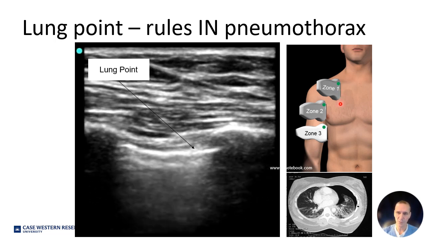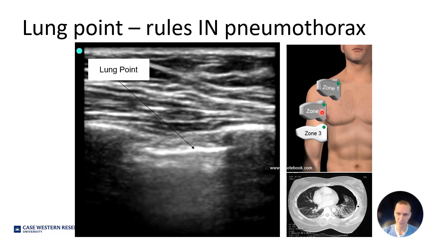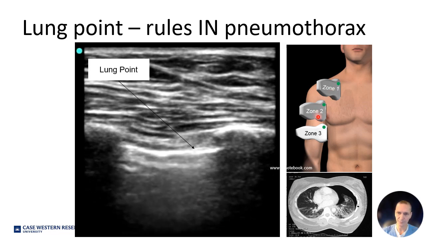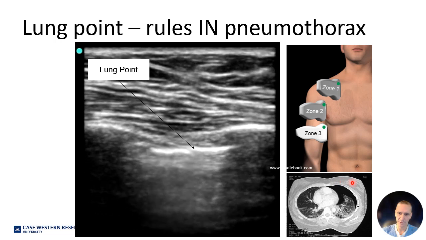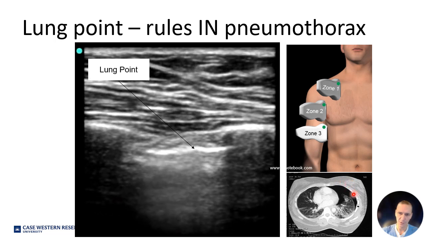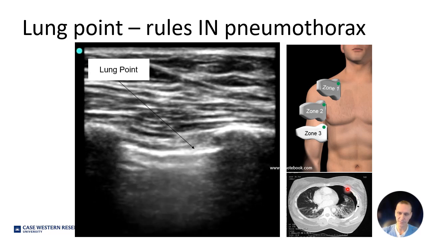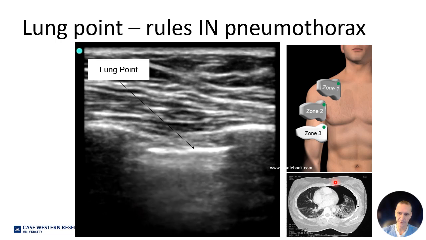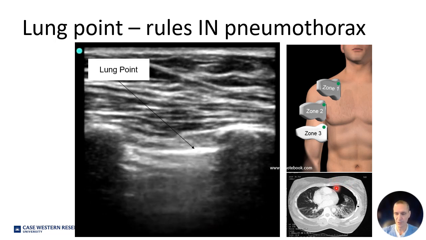So the way to try to quantify that is to take it from zone 1 to zone 2. Clinically, you're just going more posterior, and you are saying, no lung sliding here, no lung sliding here, no lung sliding coming from this way. That's a pretty big pneumothorax, versus if you just had no lung sliding here anteriorly, but there was lung sliding here, that could potentially be a smaller pneumothorax.